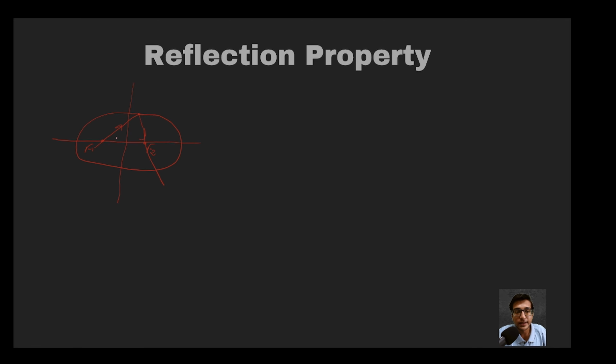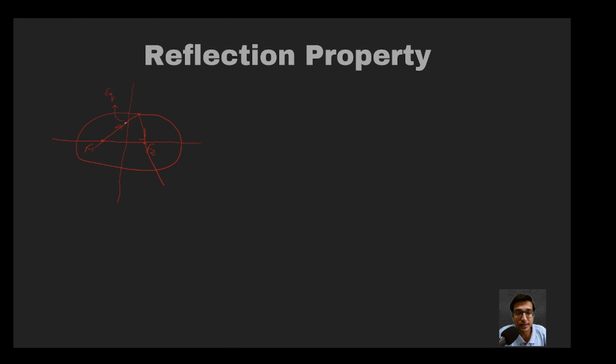Up until last year, sometimes in a question they used to give the equation of this line and say that it touches the ellipse at a certain point and from there it gets reflected. Now you had to use the concept that after reflection that line would pass through the other focus.